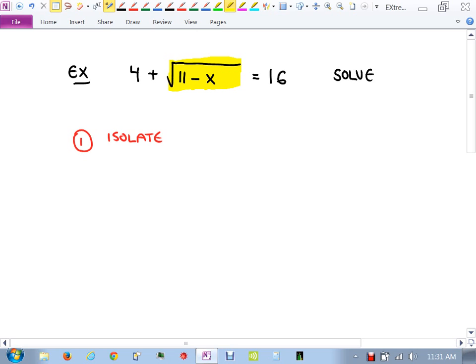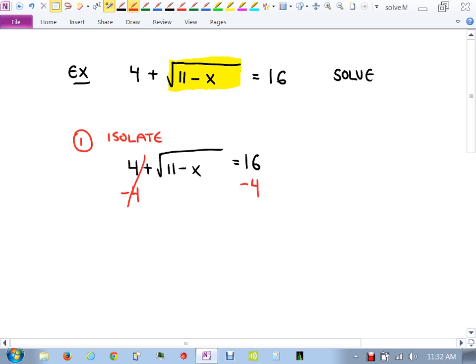Right now, there is a 4 that lives on the left side, and I don't want it there. So how can you get rid of the 4 that's on the left? Subtract, not divide, because it's addition between those two things, so subtract 4. So I'm going to take my 4 plus square root of 11 minus x equals 16, and subtract 4 on both sides.